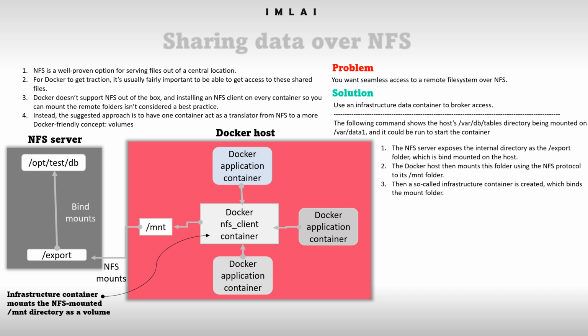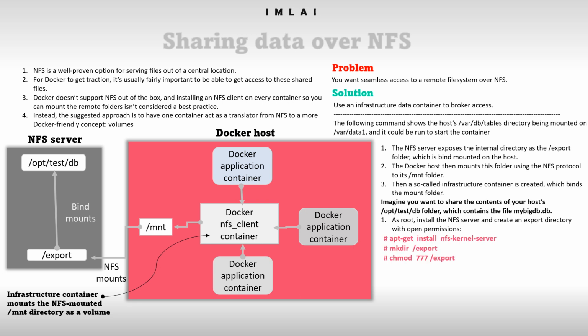So as root, install the NFS server and create an export directory with open permissions. That's it. You run apt-get install nfs-kernel-server, then mkdir /export, then give the permissions chmod 777, that is owner, group, and others.